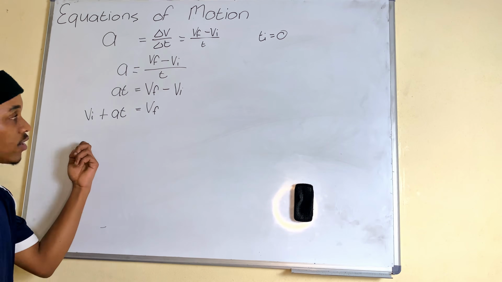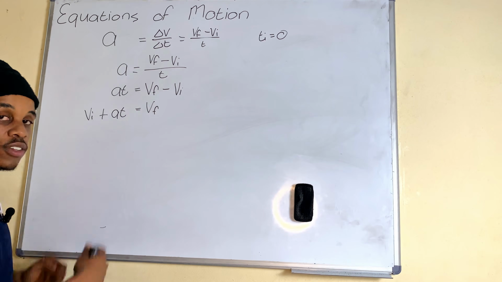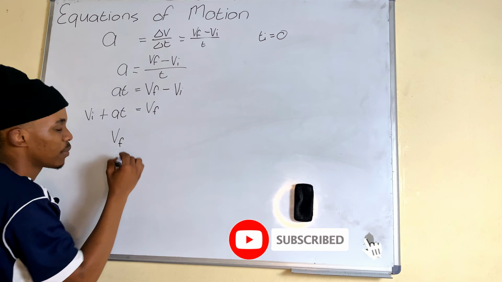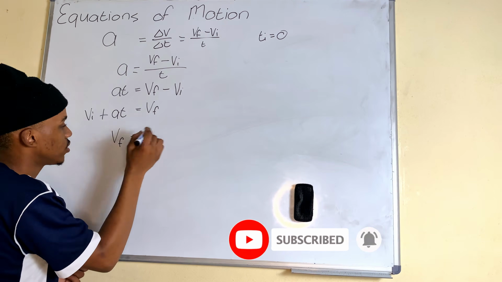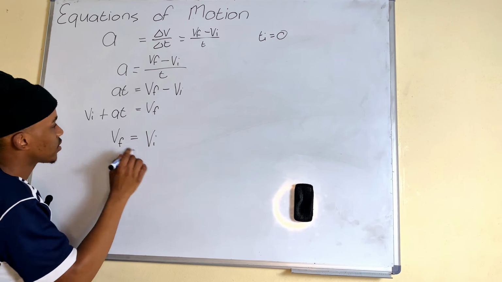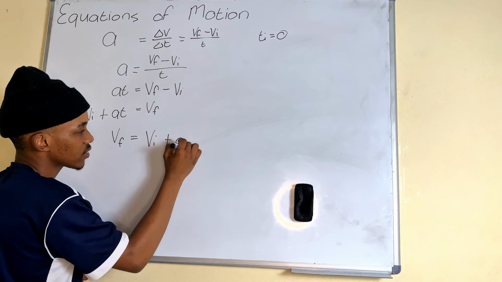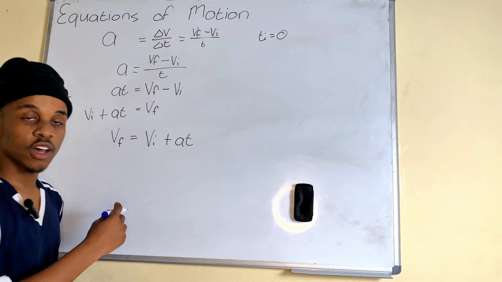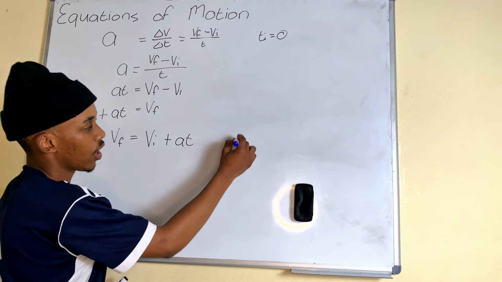I'll write my final velocity on the left hand side to make things clearer, but it still means the same thing. So that will give us v final equals velocity initial plus acceleration multiplied by time. And this is our first equation of motion.